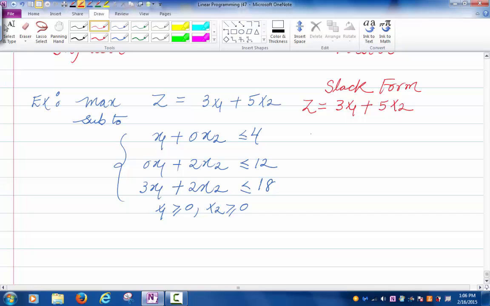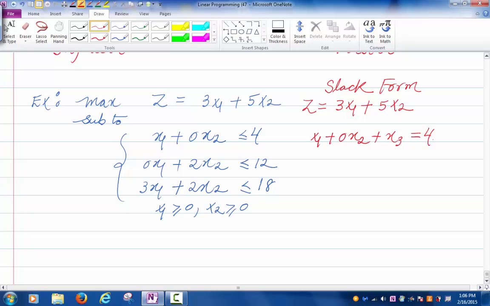And then what are my constraints? Well, for each inequality, I introduce a slack variable. Since we are using x1 and x2 already, we're going to use x3, x4 and x5 for the slack variables. Each slack variable has to be a new one. Okay, so I get x1 plus 0x2 plus x3, that's the slack variable, is equal to 4.